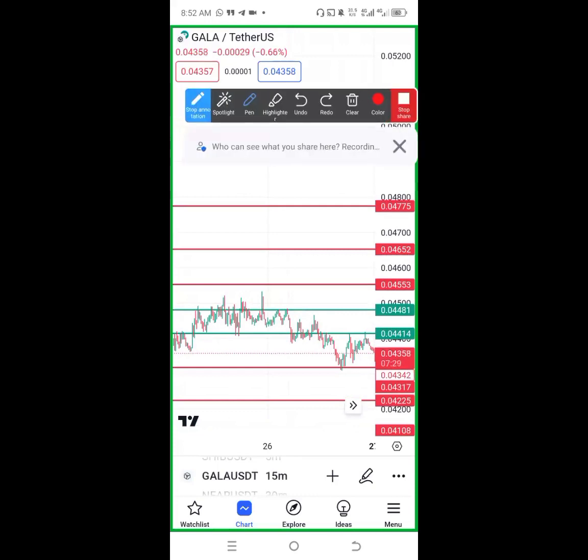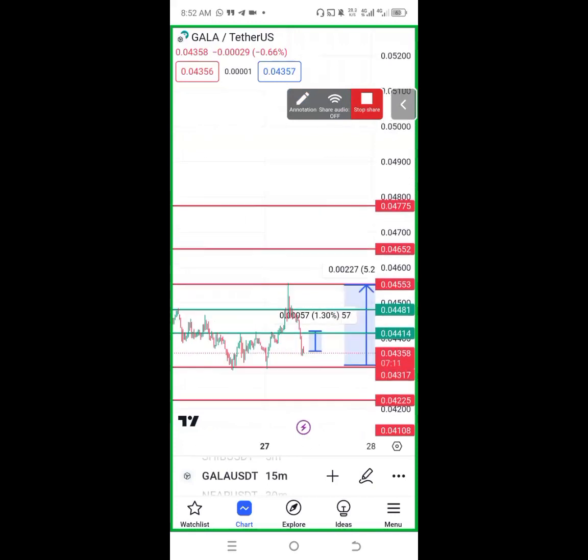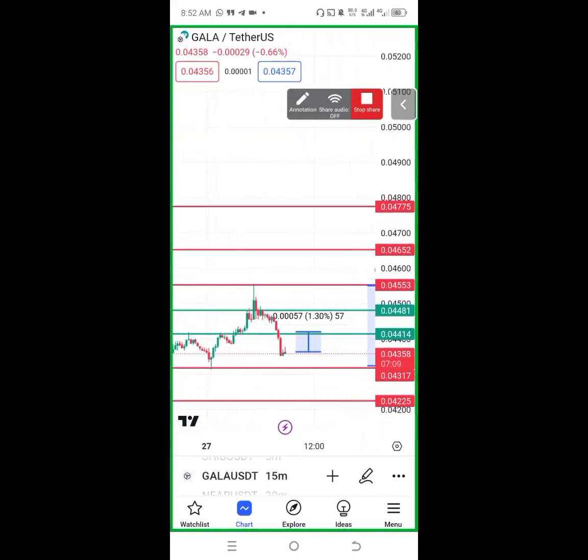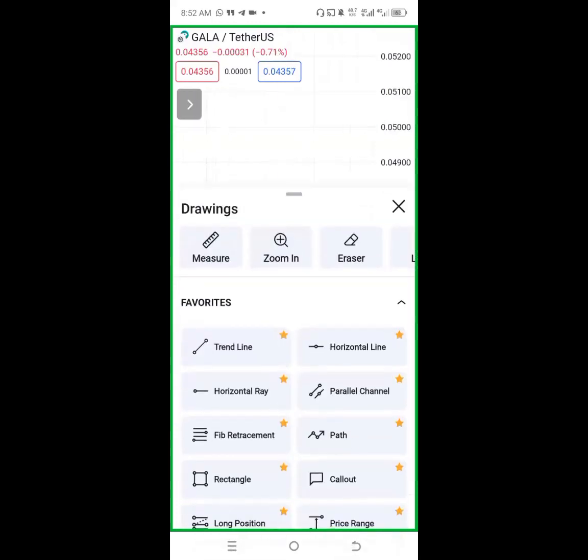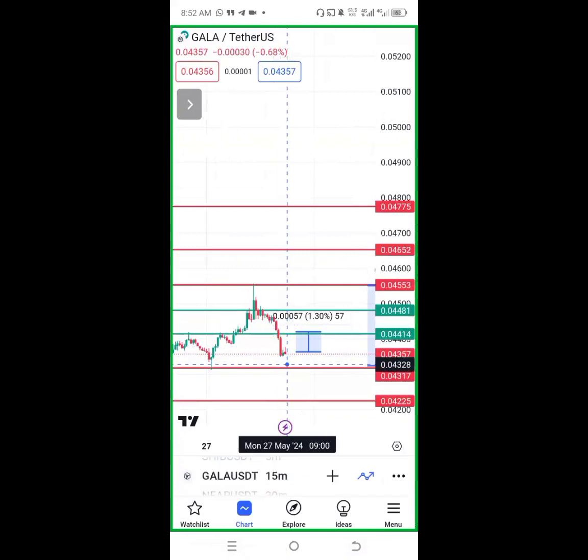Because while we're dealing with the resistance 2 also, you see here, it reacted, here it reacted, here it reacted, here it reacted. So we cannot also take it for granted. That means it is a key resistance area as well. So we expect now that the price may move in this manner if all goes to plan.